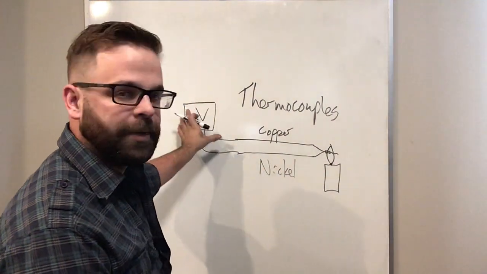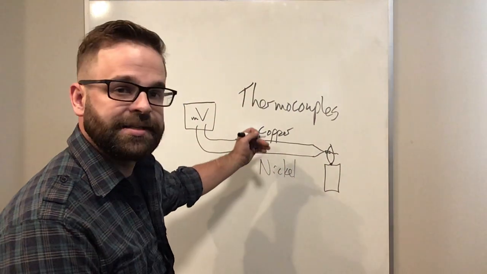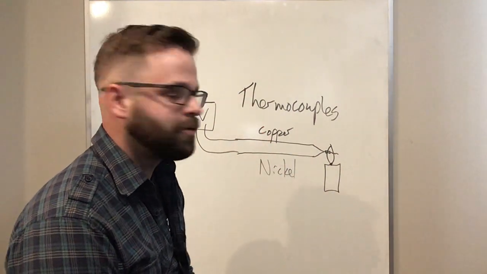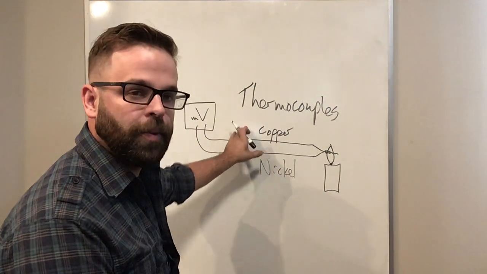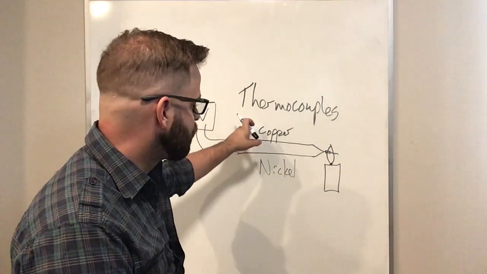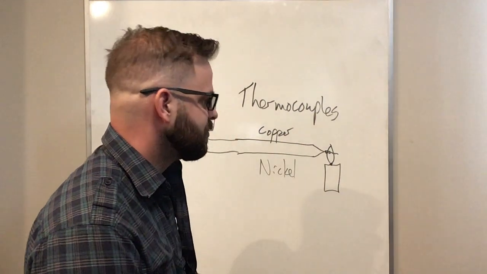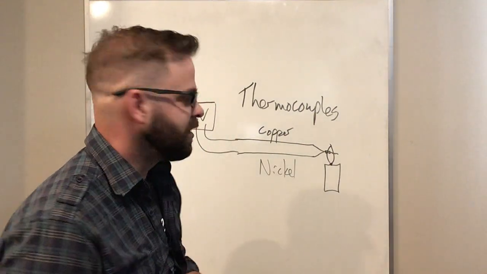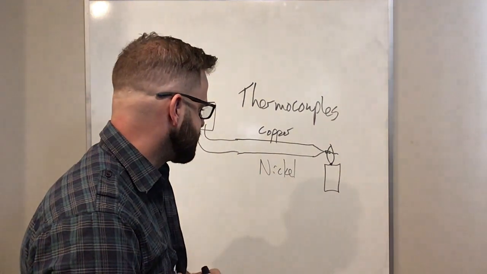And that voltmeter is going to look at what the potential difference is between those two metals. We end up finding that there is a small millivolt difference between the wires when we heat those up. So now we've generated a voltage simply by adding a flame to this.